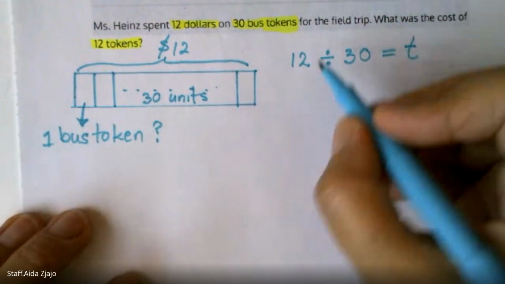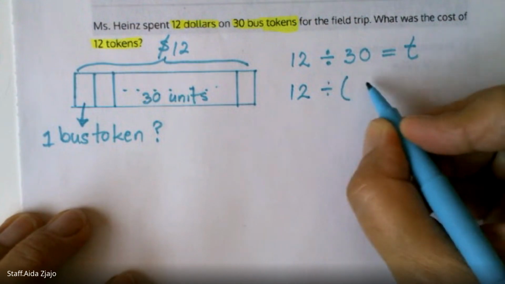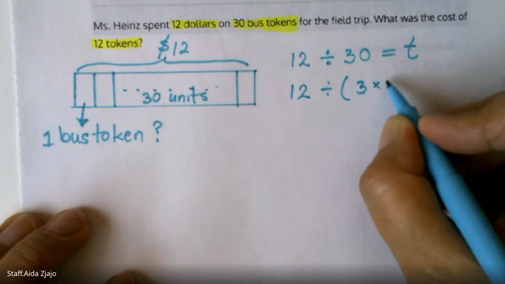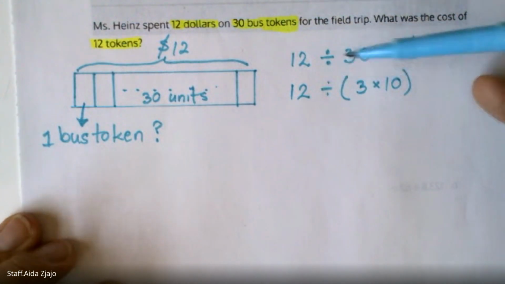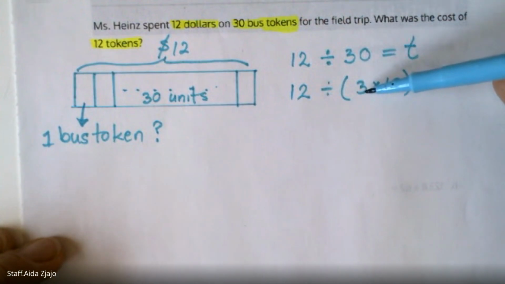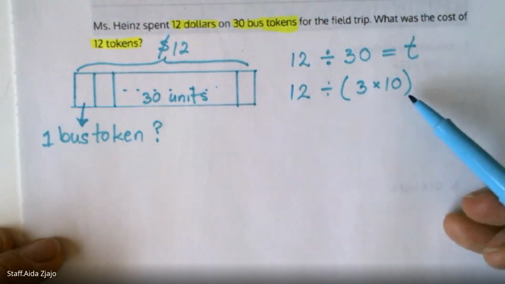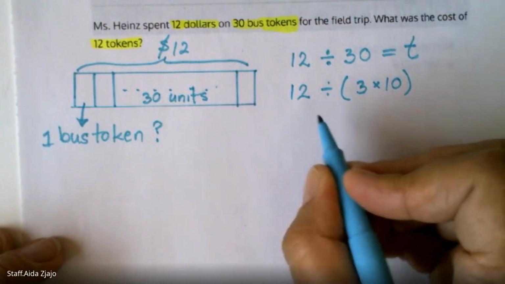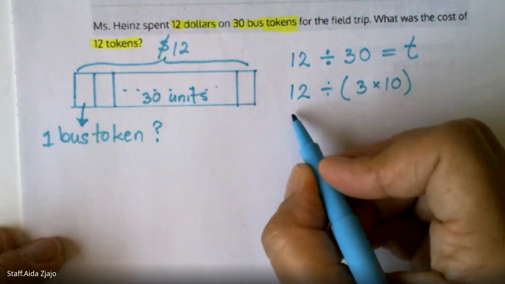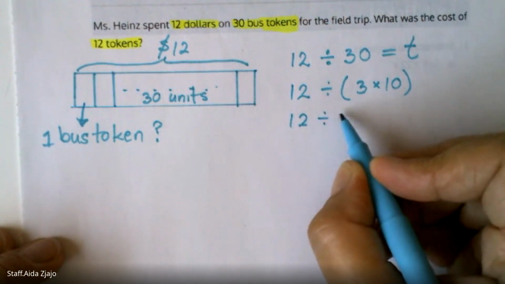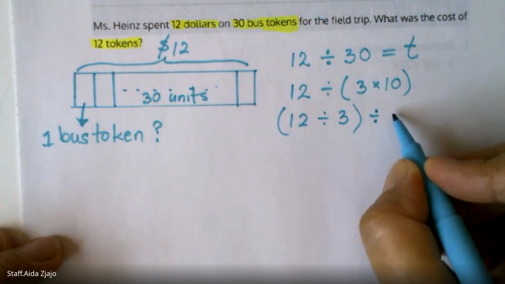If I'm thinking about 12 and 30, I can decompose 30 into 3 times 10. I can see this as 12 divided by 3 to get the quotient, then divide by 10. So 12 divided by 3, and then again divide by 10.